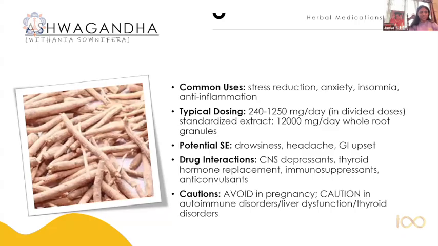And things to be careful with as far as drug interactions: anything that can be a CNS depressant, which means anything that can sedate you essentially. So think of Lyrica, gabapentin, opioid medications, medications that you might take to help you sleep might interact with this herbal. Thyroid hormone replacement may interact as well because this actually increases your T3 and T4 levels.